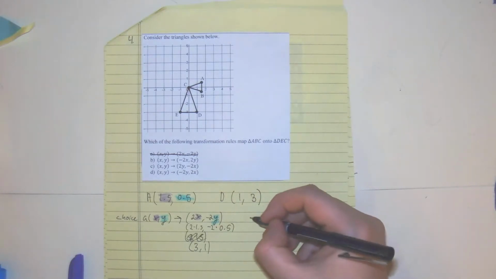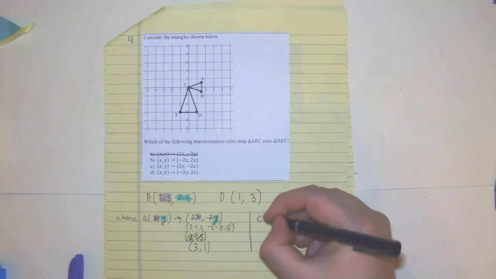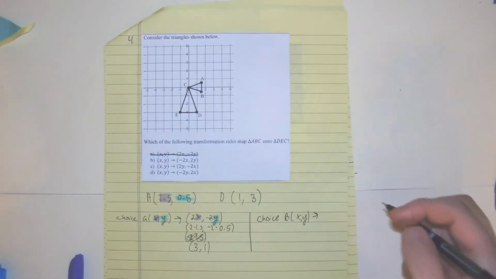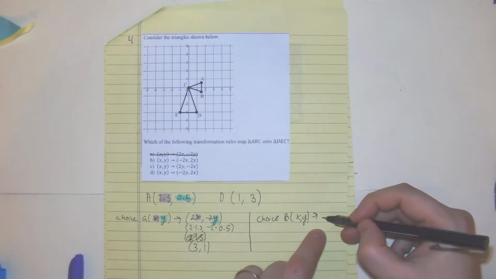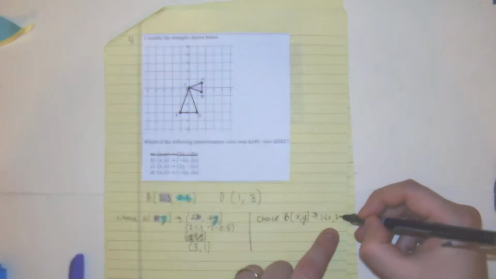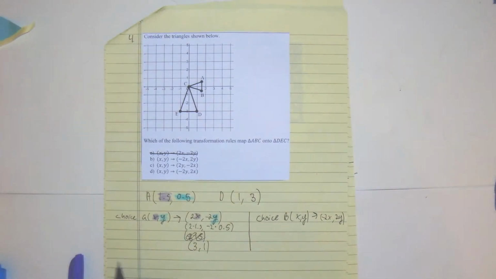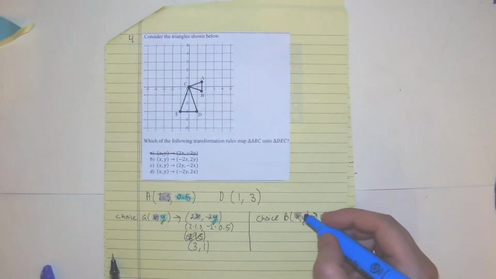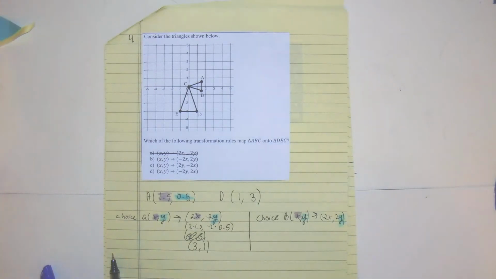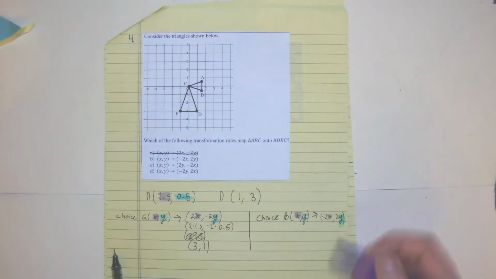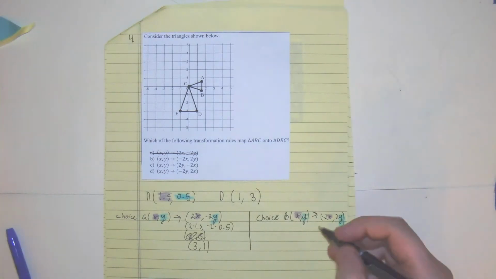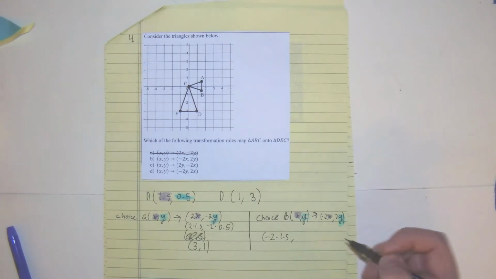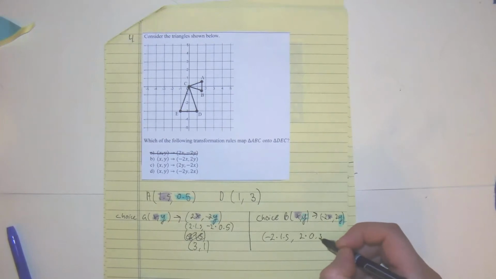If we did the same thing for choice B, we would get, plugging it in, negative 2 times 1.5, comma 2 times 0.5.